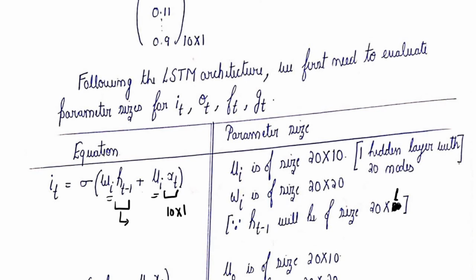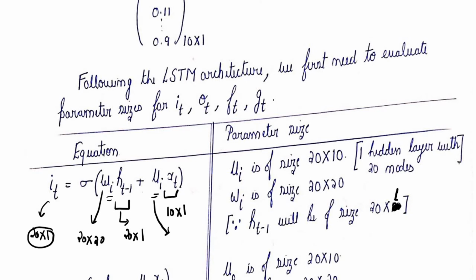Eventually we are going to get something like 20 cross 1 only. Now in order to facilitate that, what is the dimension of Wi? We need to choose 20 cross 20 so that the multiplication happens.